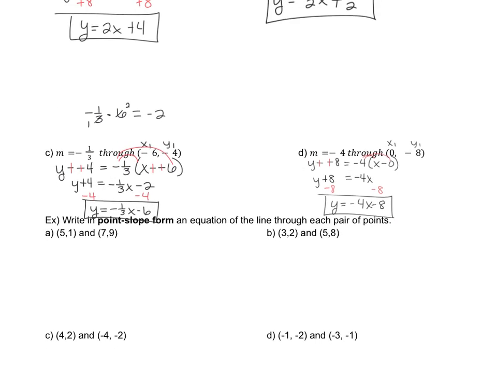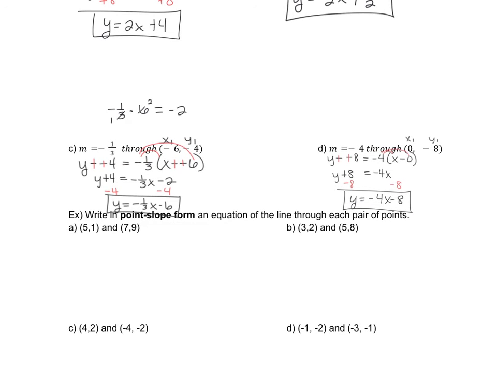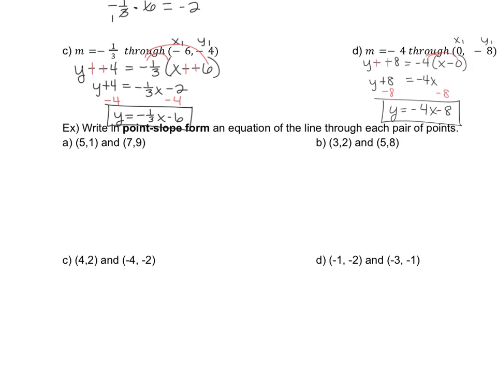Okay. Now this one is a little trickier. You have to do one extra step. They're giving you 2 points, and so this is great. So we have to make the equation of the line through 2 points. Okay. So we will end up using this point slope formula. There's a few different ways to do this, but this is my favorite way for sure.